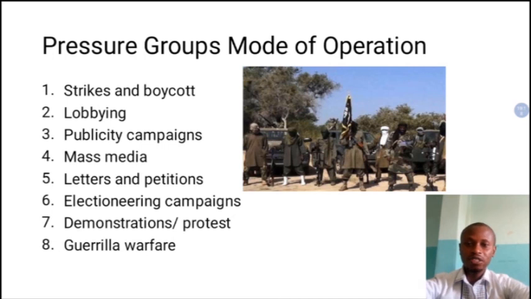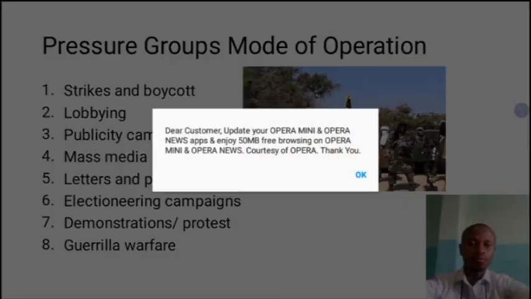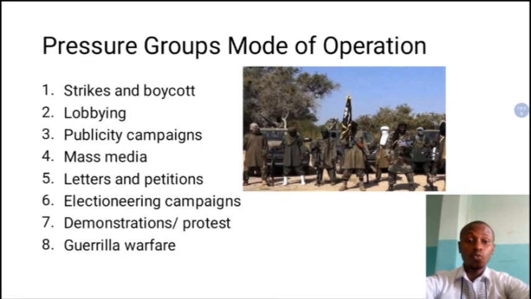Now first, strikes and boycotts. They can go on strike. They can boycott work. They can decide to stop work until government listens to them, until government attends to their requests.